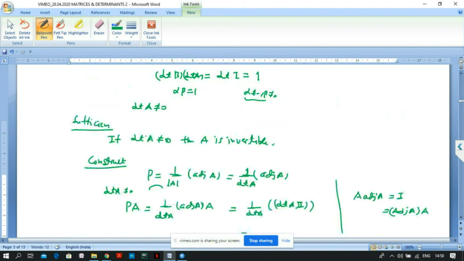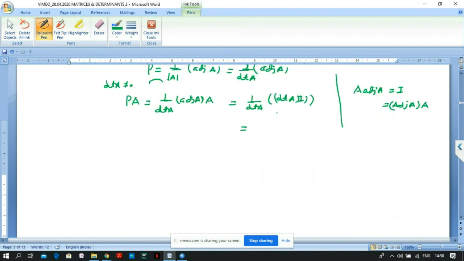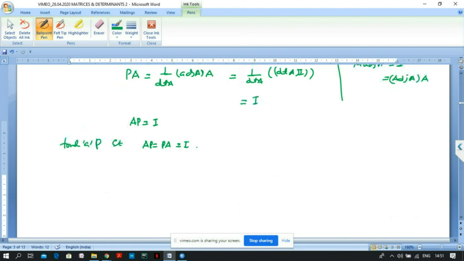That is where det of A is not 0 is used when you construct. So det of A cancels, and this becomes just I. So we get PA equal to I. Similarly, we can prove that AP equal to I. Means that we have found a matrix P such that AP equals PA equals I, so P is an inverse, but we know that inverse is unique, so in fact P is the inverse.